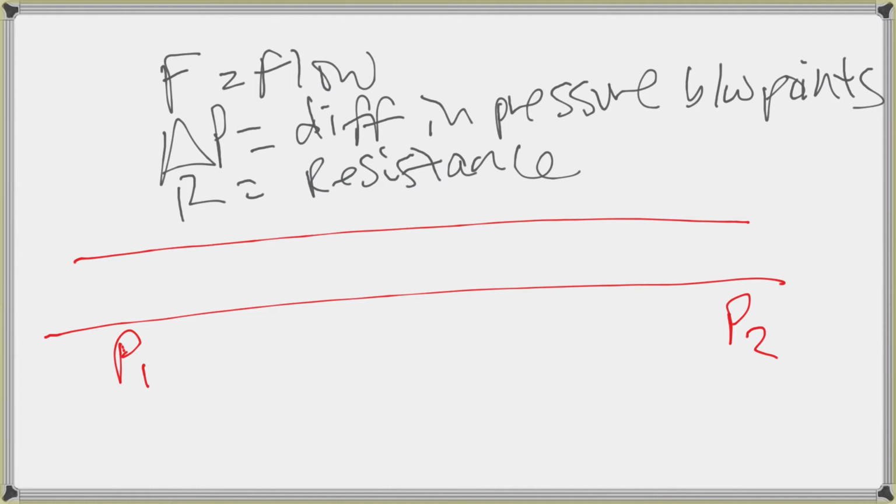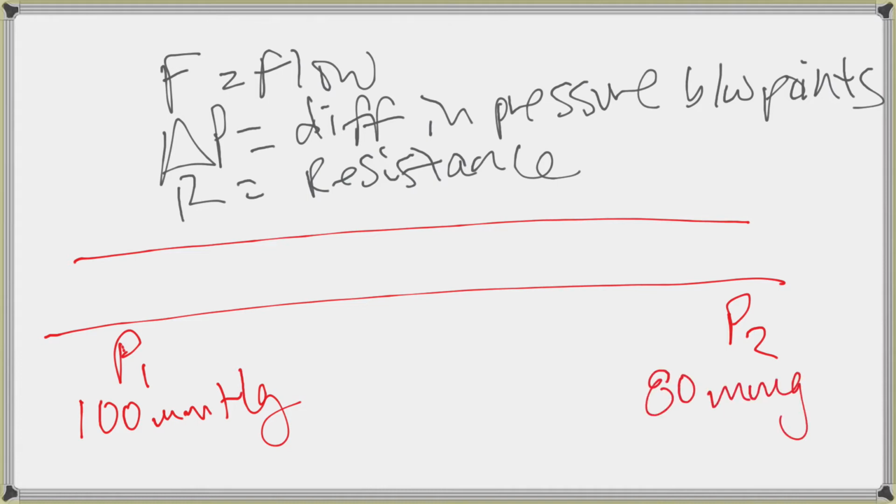So if the pressure at point 1 is 100 millimeters of mercury, and the pressure at point 2 is 80 millimeters of mercury, then delta P equals 20.